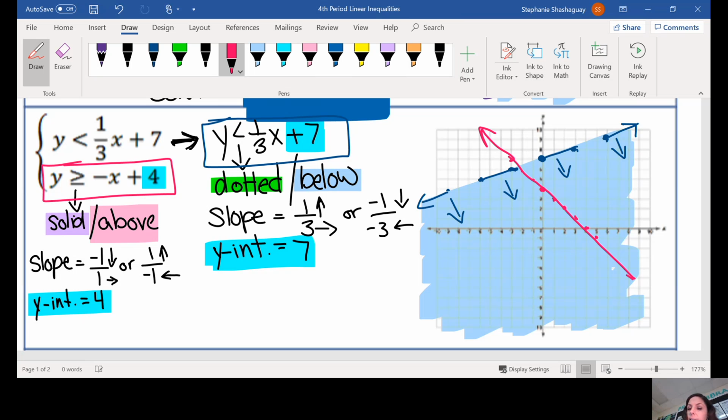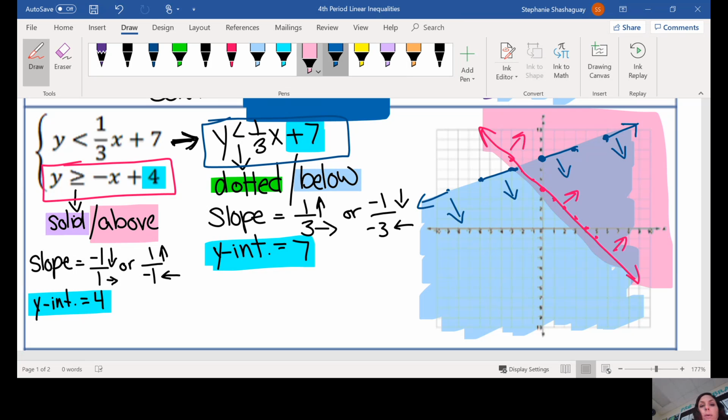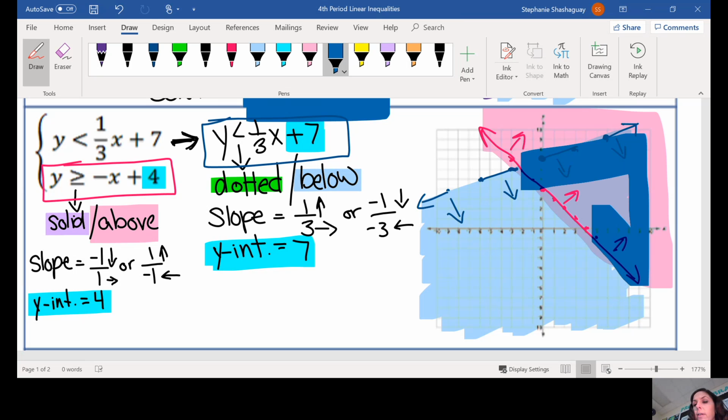So there is my solid line, and I am shading above. So this direction, I put the arrows there to help me so I don't forget. And all of the solutions would be right here for that linear inequality. So the solution to both, again, is going to be this area where they overlap.